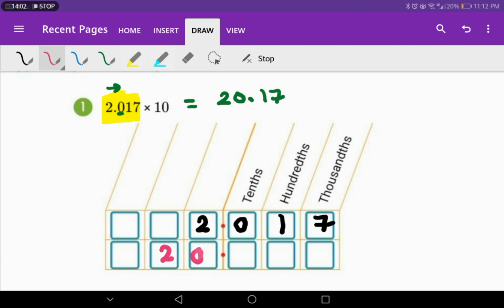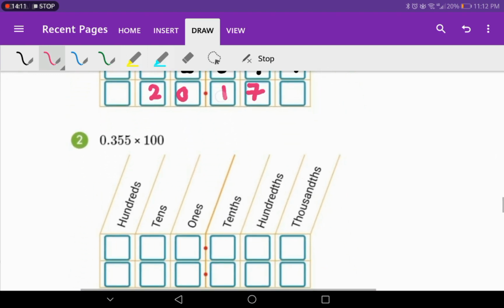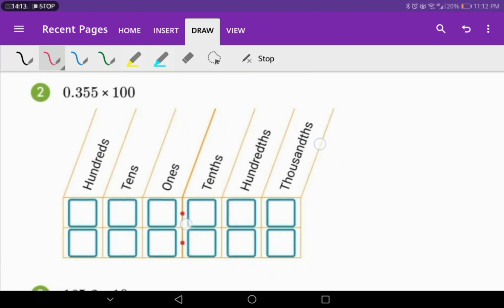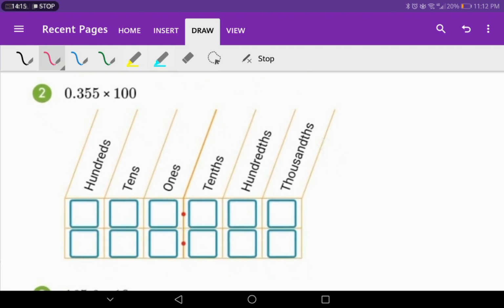Now it will be like this, my dear student. 20, okay, 17. This is the answer. Are you happy? Let's move to the next one. Okay, it is multiplied by 100. That means the number will be bigger. So the decimal point will move this direction. How many steps? 2, 1, 2 after the first 5.